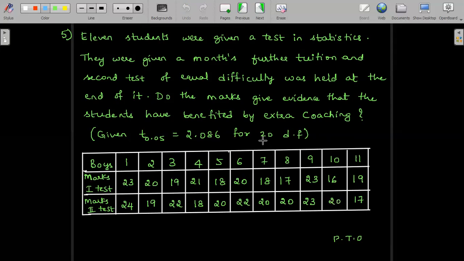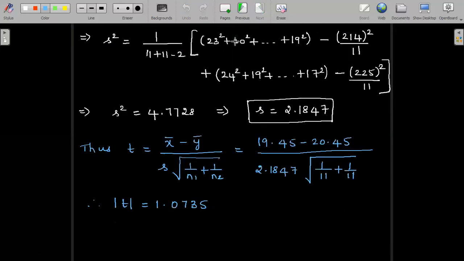That is why for 20 degrees of freedom, 5% level of significance, the t value is 2.086. So we are comparing it with 2.086. So this is obviously less than t 0.05, which is 2.086.